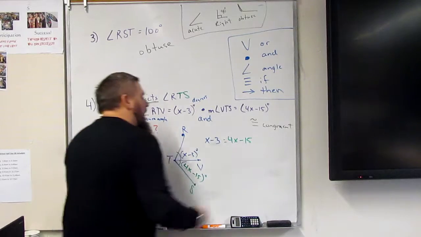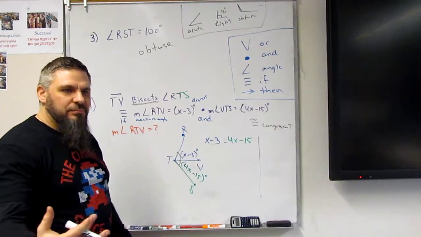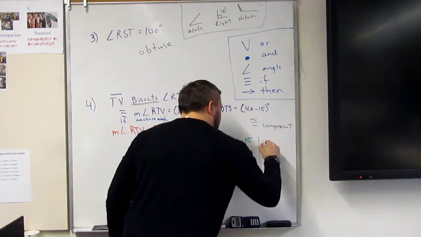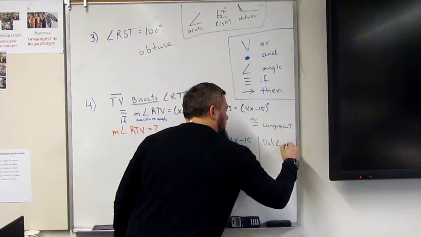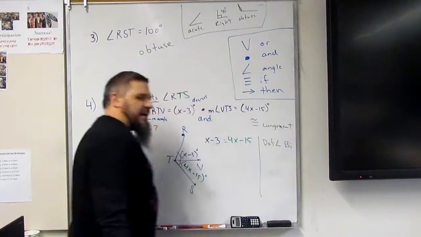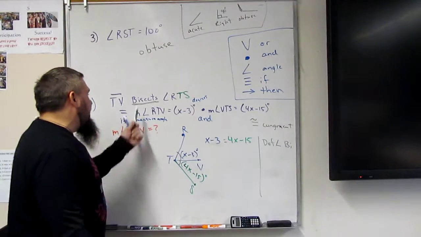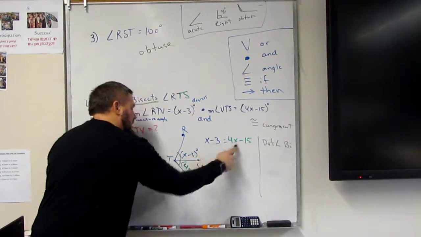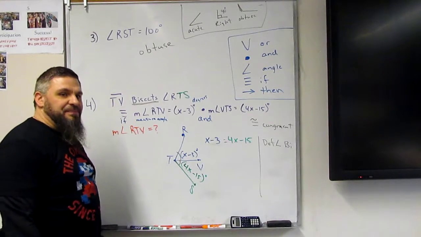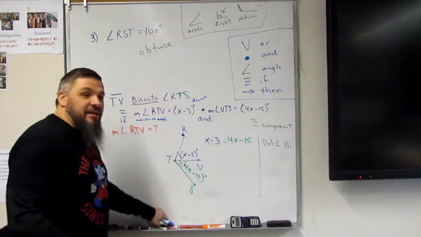And now we say, well, why can we say that? And its definition of an angle bisector. So we're using the bisector to prove that these two are equal, they're congruent. Now once we do that, now it's just math.